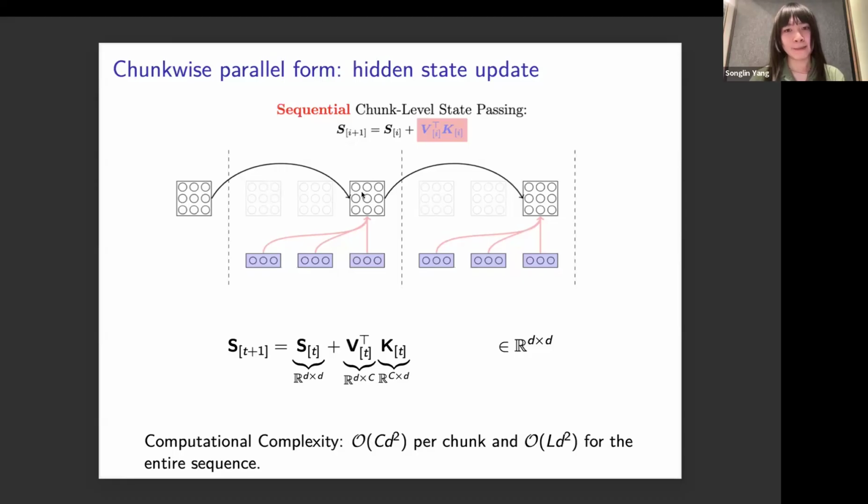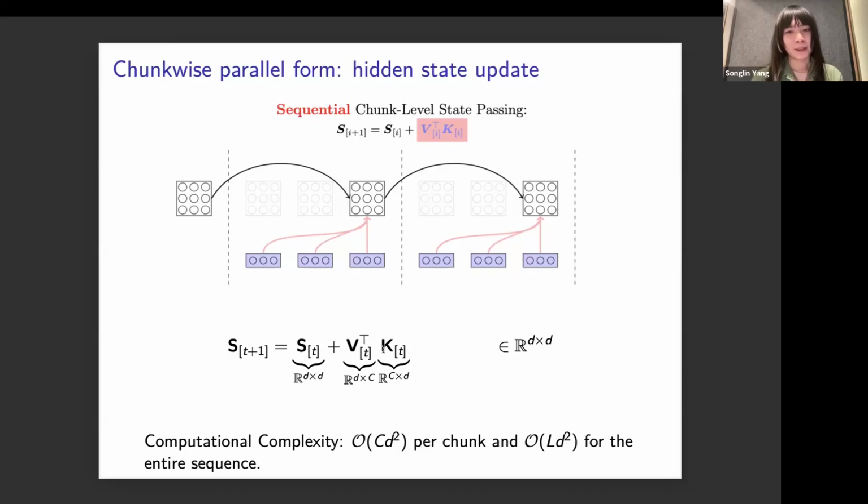This hidden state update could be achieved by computing the cumulative sum of the outer product between the keys and the values within this trunk. The cumulative sum of outer products could be written as a matrix multiplication. This is a wonderful mathematical property of the outer product, and it is relatively easy to verify.